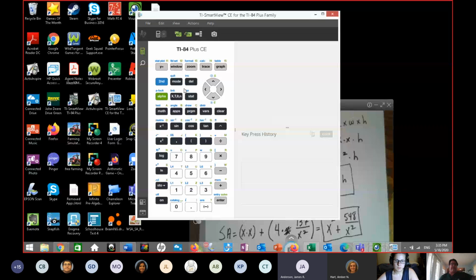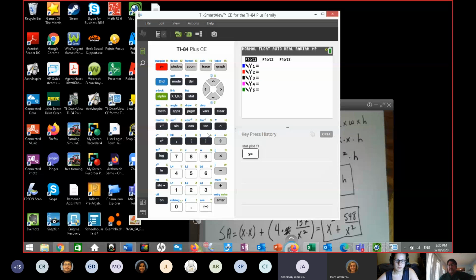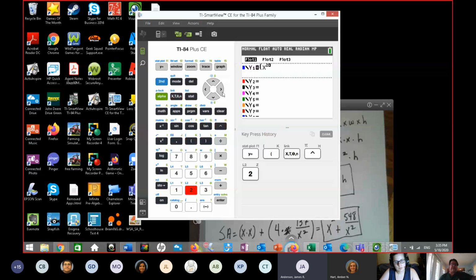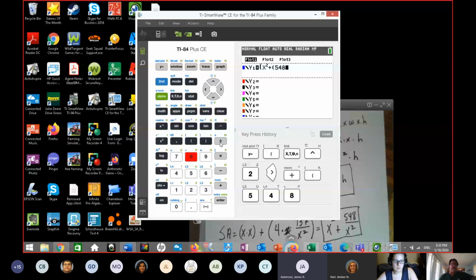Okay, anyway. y is equal to, parentheses, x squared plus, I'm going to put parentheses, 548 divided by x squared, close parentheses.